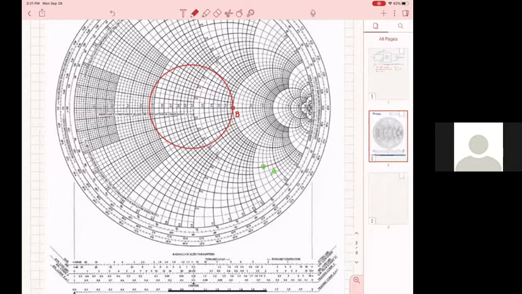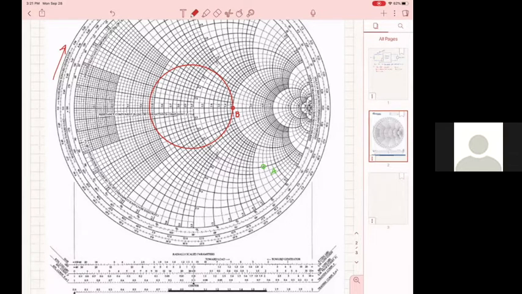Okay, this red circle is the constant VSWR circle that goes through B, which also implies that wherever you go along this circle, it's like you move along a transmission line. Because B is the load, if you go from the load towards the generator, you will go along this way. All right, that's towards the generator.